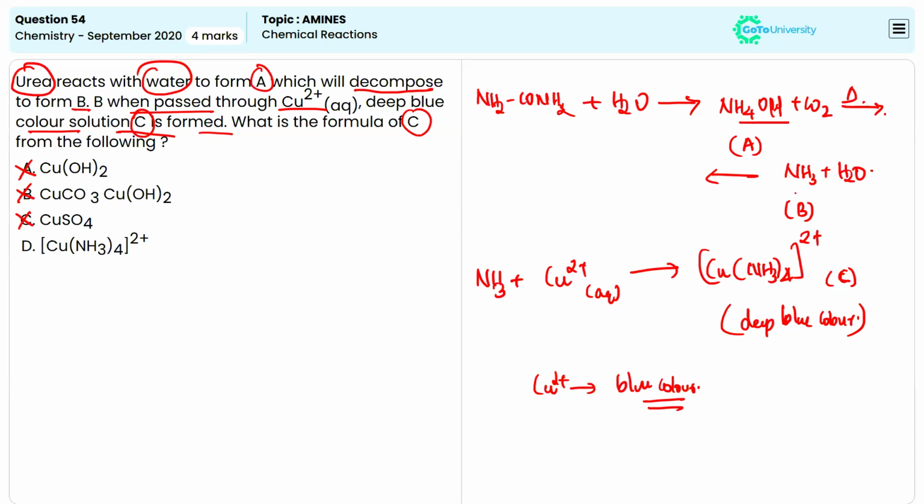This ammonium hydroxide on heating will produce ammonia. This ammonia reacts with aqueous copper 2+ ions and produces the blue colored complex, that is a complex of ammonia. So the correct answer is option D.